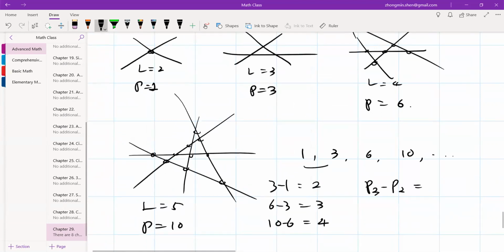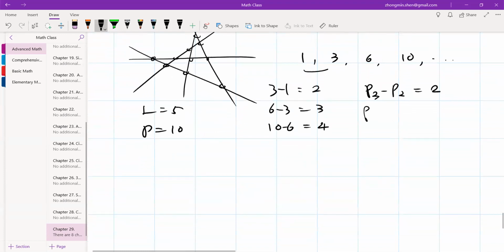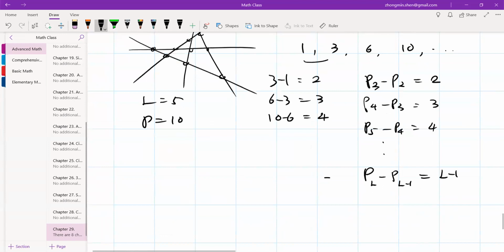P3 minus P2 is going to be 2. P4 minus P3 equals 3, right? P5 minus P4 equals 4. And finally, you have PL minus P(L-1). So the question is, what is the number? That's L minus 1, I'm pretty sure, okay? So add them together.